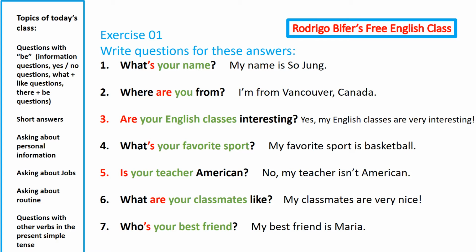I want to know who the best friend is. And the answer is, my best friend is Maria. So here we have verb to be and the subject that we're talking about. In number 7, verb to be is because your best friend is a person and it's singular. Okay, let's move on.